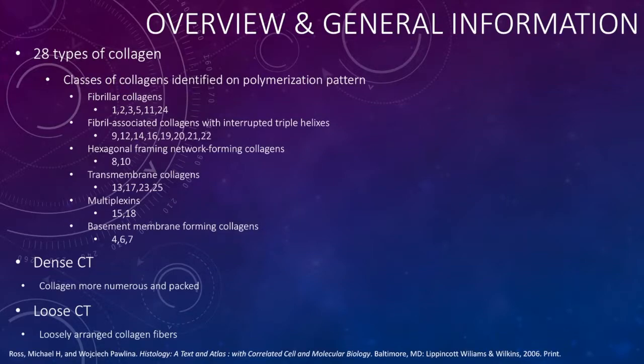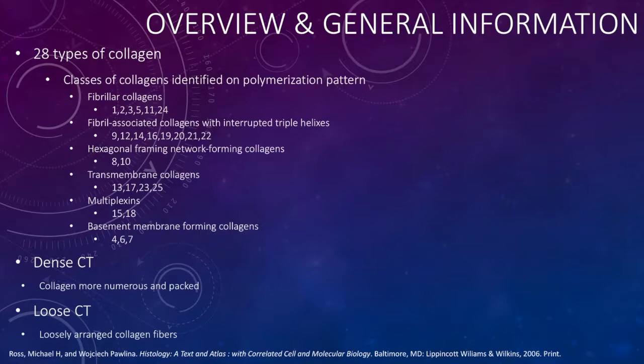To start off, I should just point out that collagen is the most abundant protein found in mammals. As many as 28 different types of collagens have been categorized based on the combinations of alpha chains they contain.